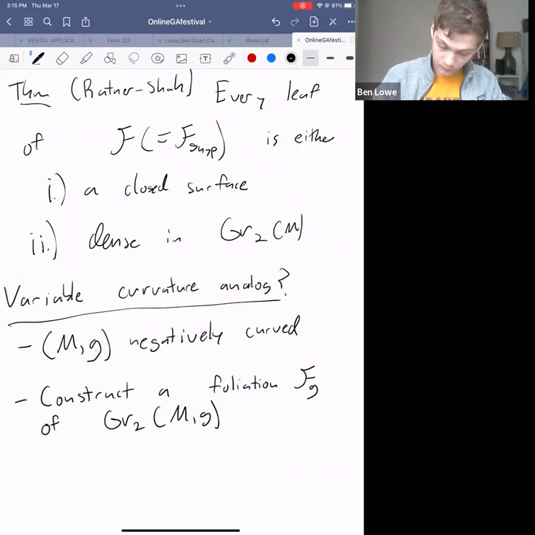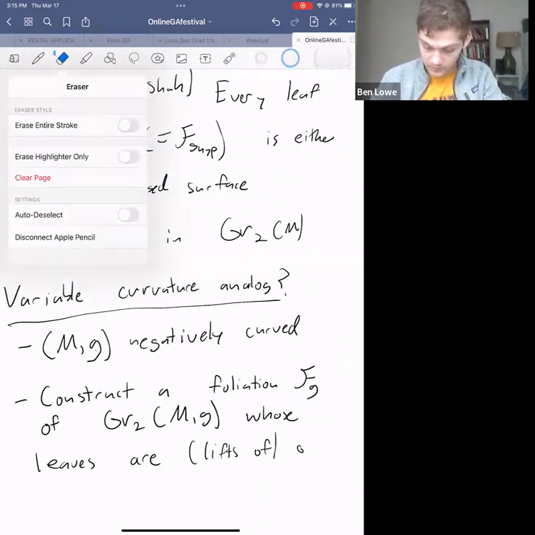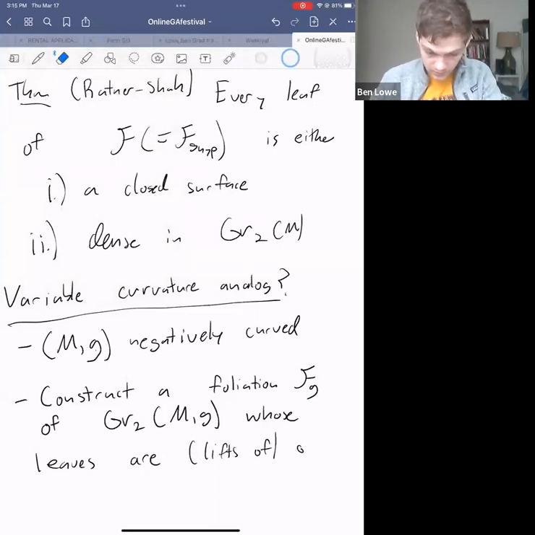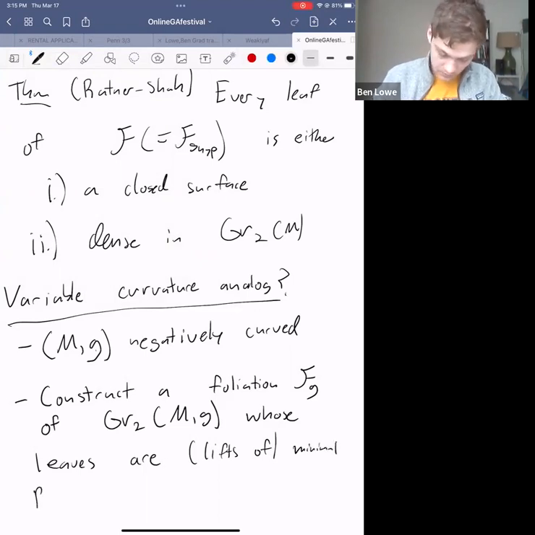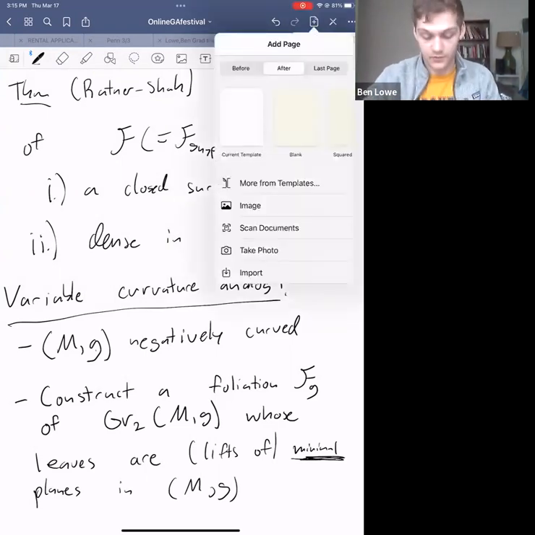But these leaves, instead of being lifts of totally geodesic planes, since in general we won't have those, are lifts of minimal planes in M_G. Okay, so instead we have minimal surfaces playing the role of totally geodesic planes for these foliations.